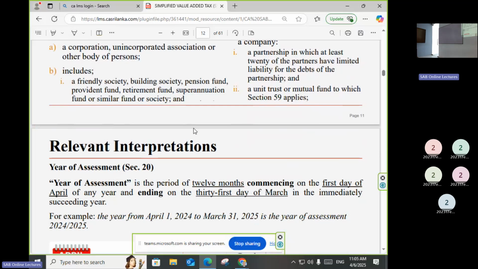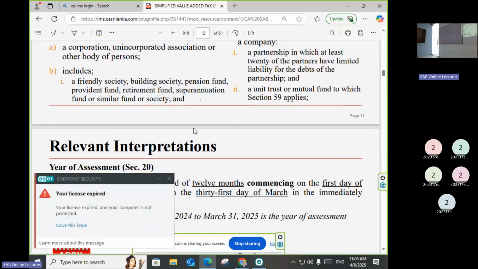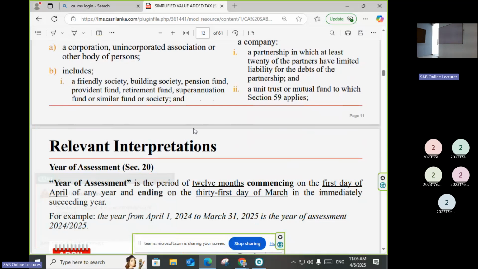Thereafter, they give the income portion to the respective unit holders. That's how, just like capital investment, that type of unit trust we have in Sri Lanka. So it's just like a company, but they only pass that income through to the unit holder. Unit trust or mutual fund is the same, just like venture capital and all those things. That is also coming here.